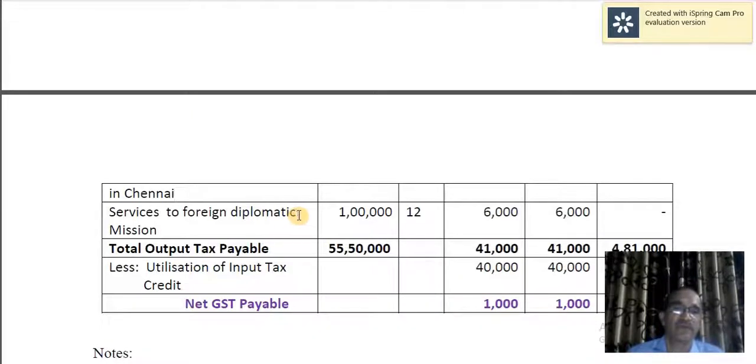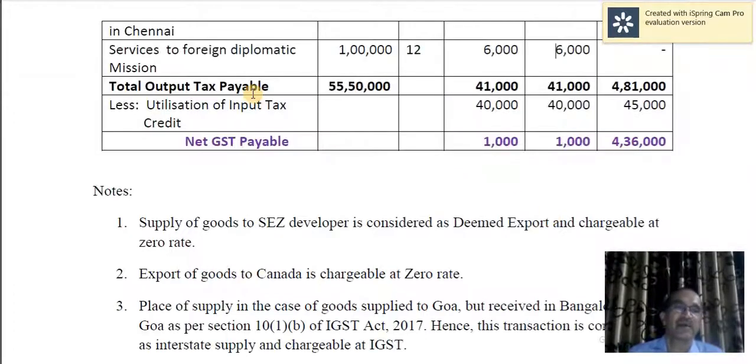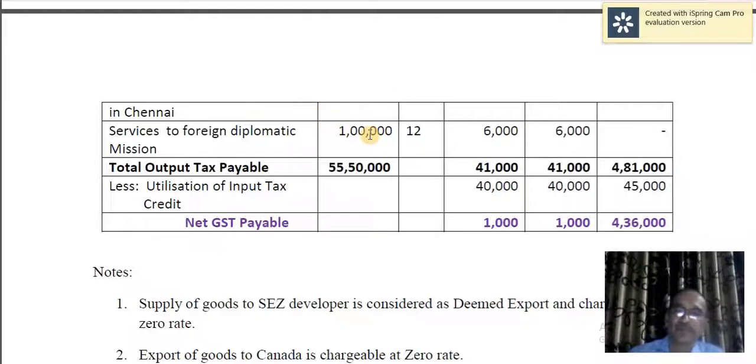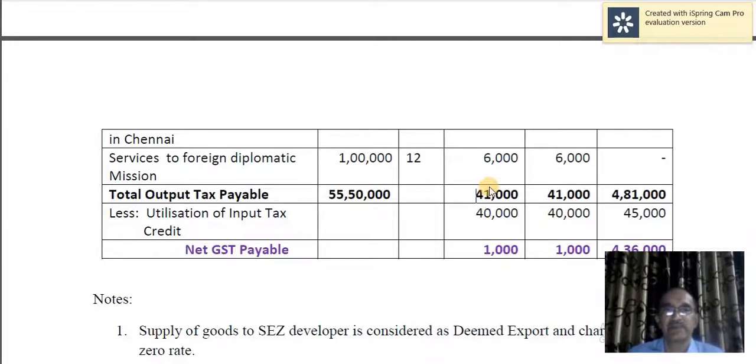Services to foreign diplomatic mission, we assume that the services are rendered within Karnataka, therefore 6% each is applied on 1 lakh, and CGST and SGST values are calculated. So this is about computation of output tax.